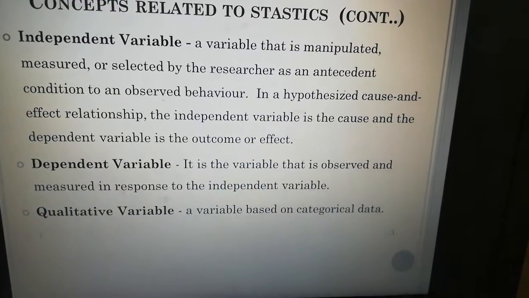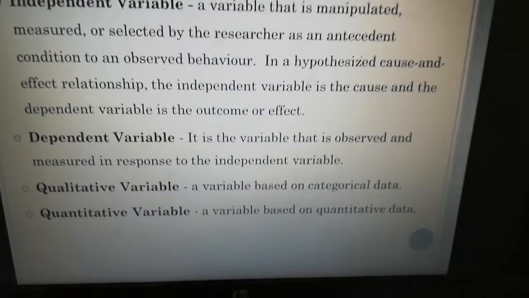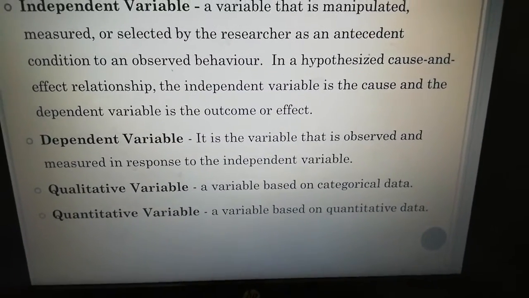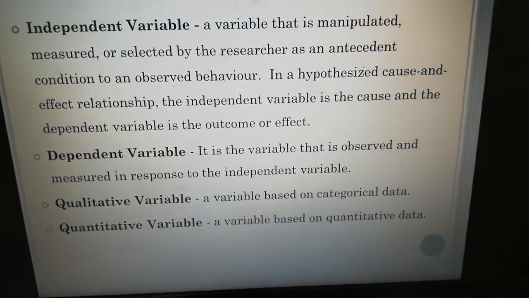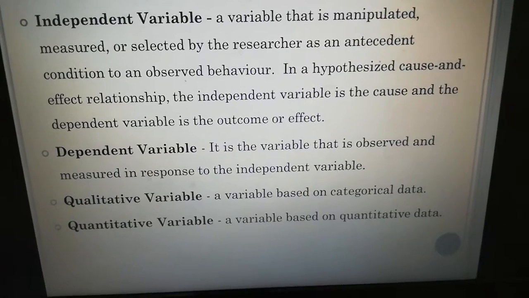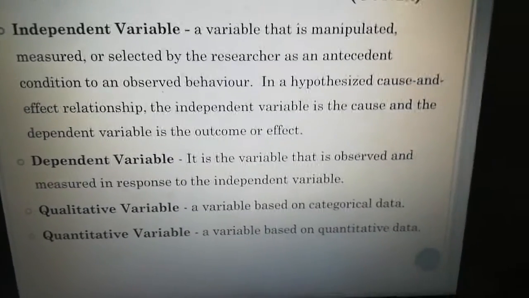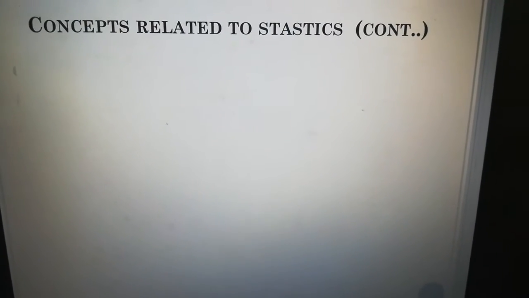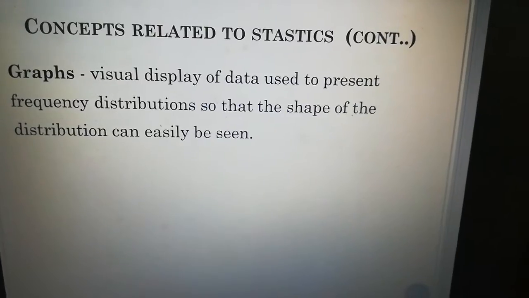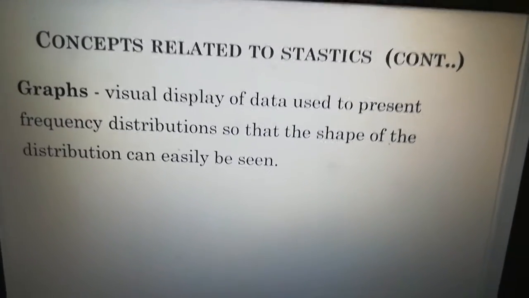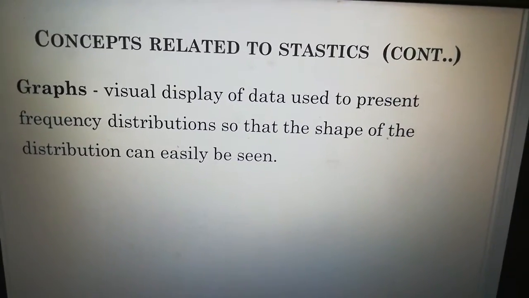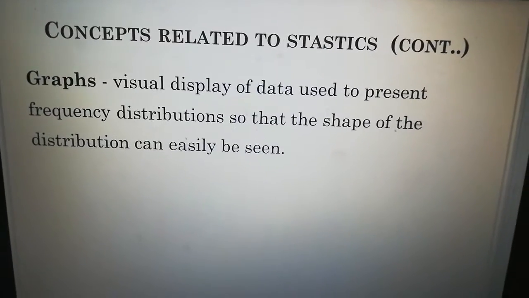Next is qualitative variable and quantitative variable. Qualitative variable is based on the categorical data, and quantitative variable means based on the quantitative data. The other important concept under statistics is the graphs.